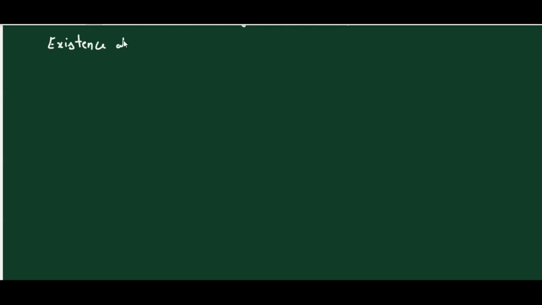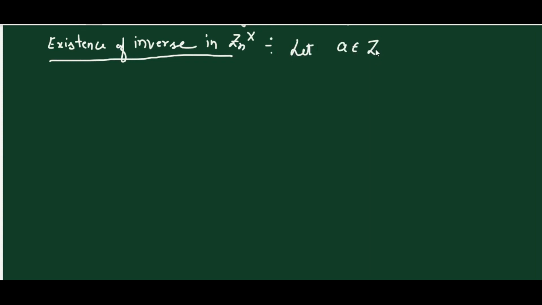Existence of inverse in Zn cross. For this, choose any arbitrary element A belonging to Zn cross. What can you say about A? A is non-zero and less than n.